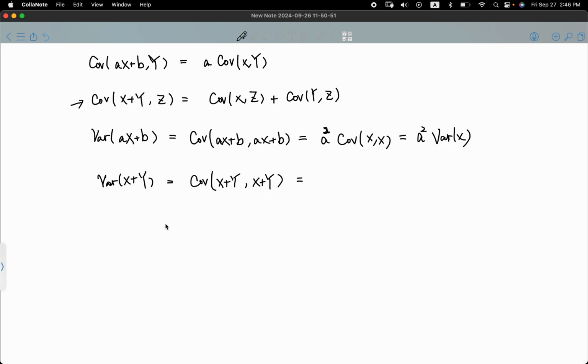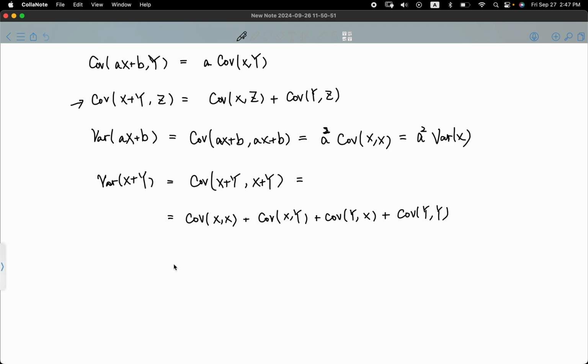You will have four terms: the covariance of x and x, the covariance of x and y, the covariance of y and x, and the covariance of y and y.